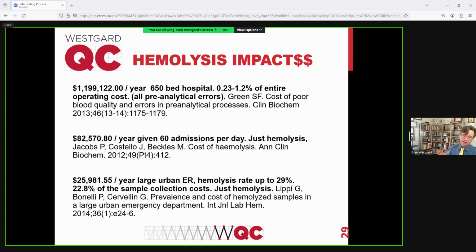I'm making the exchange to 2014 dollars. It's almost $26,000 a year. This is just the ER. And in that ER, they had hemolysis rates up to 29%. And almost a quarter of their sample collection costs were being consumed by the problem with hemolysis. So there are a lot of costs. It's worthy of specific focus.